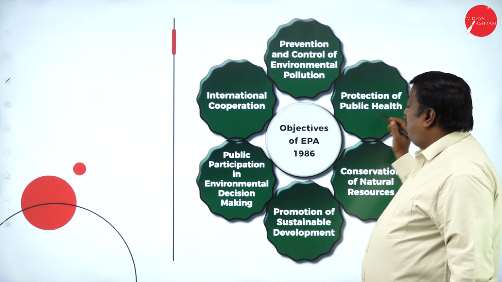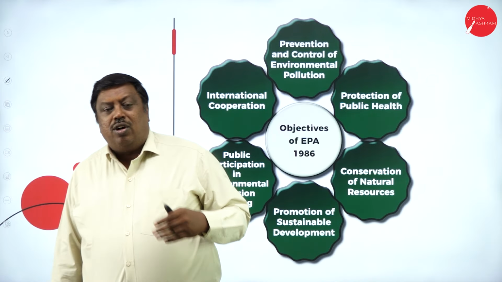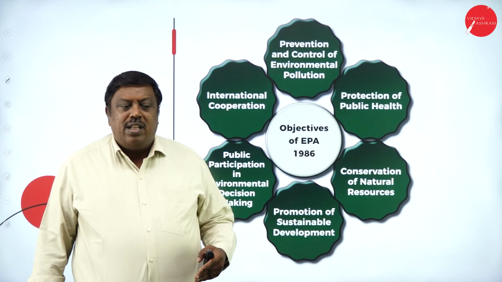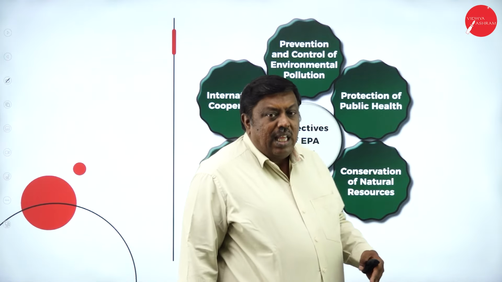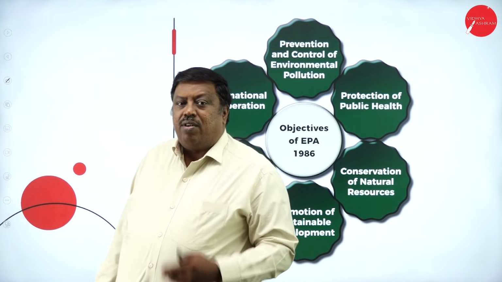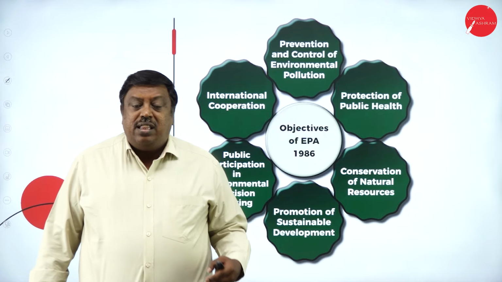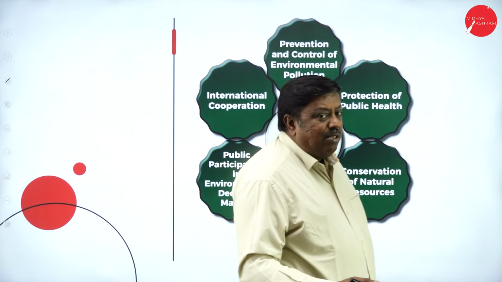And next, protection of public health. For example, it is not only for earning money; the business should take care that the health of the surrounding people who are near the business organization should not be spoiled because of the business we are running, and an unhealthy environment hazardous to the public living near the business organization should not be built in the society.